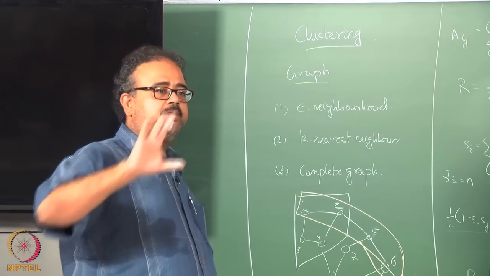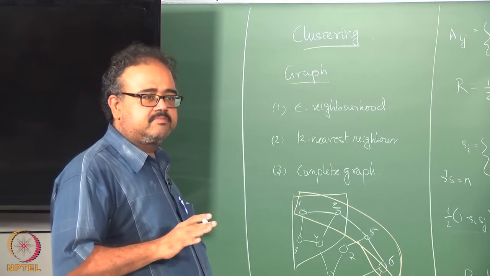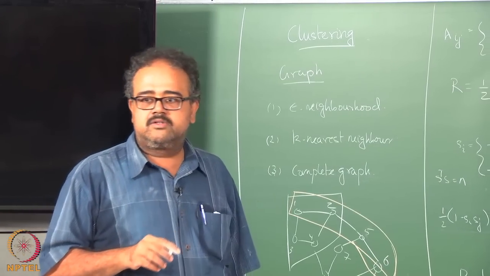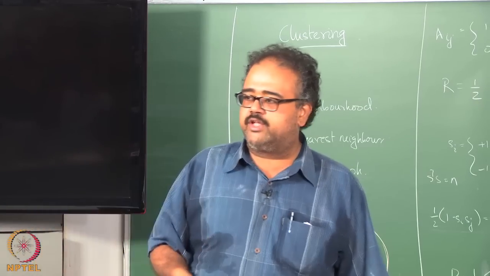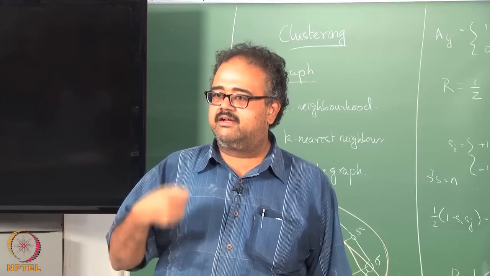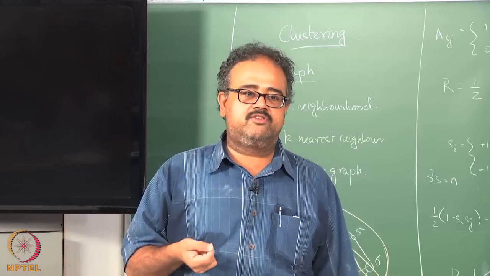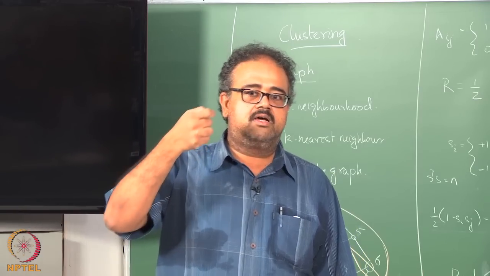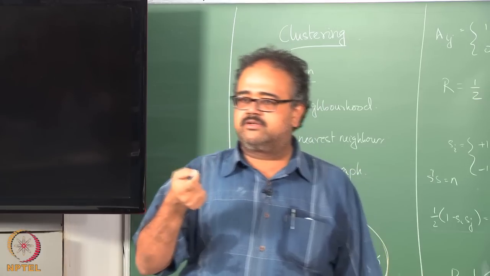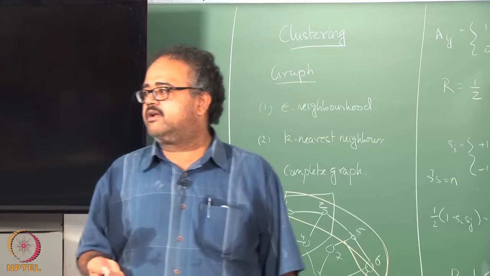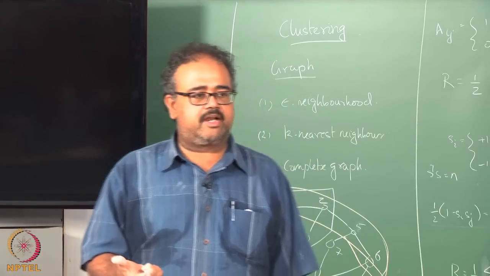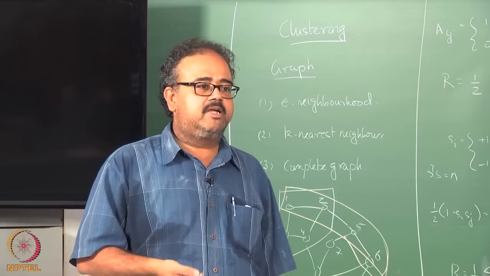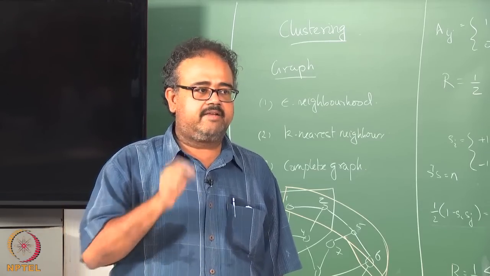If your graph has multiple components, what will happen is your eigenvalue 0 will have a higher multiplicity than 1. The number of components in your graph is given by the multiplicity of the eigenvalue 0.